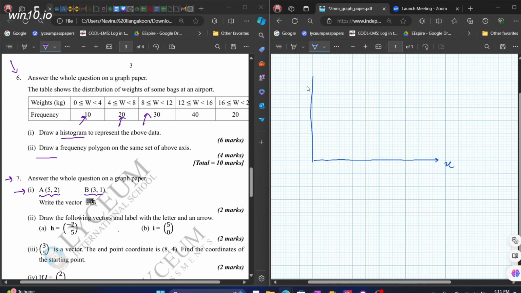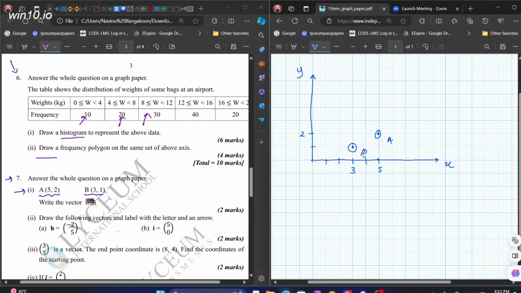This is the x-axis. This is the y-axis. So A is (5, 2). This is A. Then B is (3, 1). Here 3, this is 1.